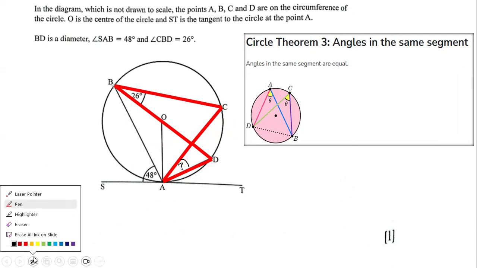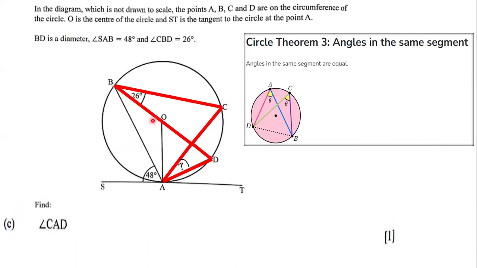Now, in order to do this, we could use the bow tie rule. If you notice, this looks like a bow tie. The bow tie rule just states that if this is 26 degrees, then this must be 26 degrees. We refer to the bow tie rule also as the theorem about angles in the same segment.